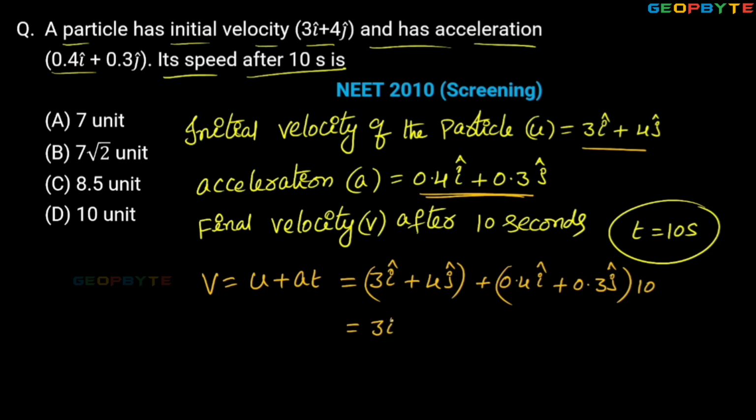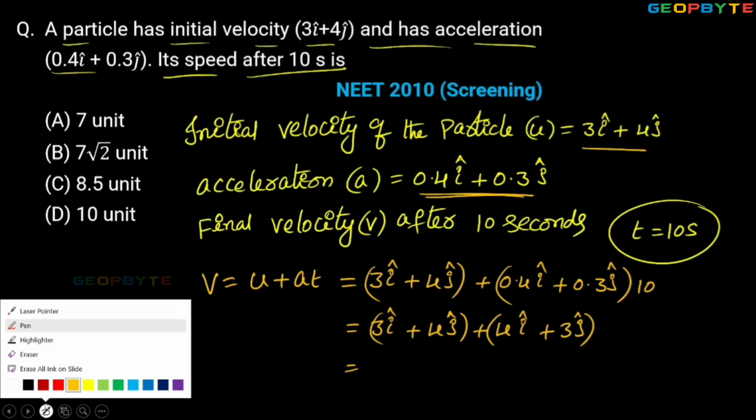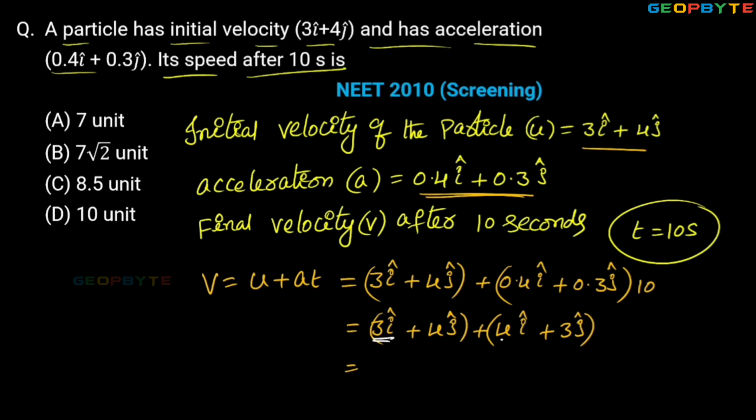Simplify this: 3 i cap plus 4 j cap plus 4 i cap plus 3 j cap. Add i to i, j to j: 3i plus 4i, 7 i cap, and 4j plus 3j, 7 j cap. That is the v value.